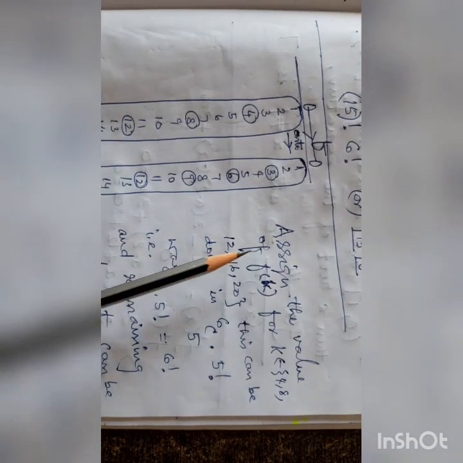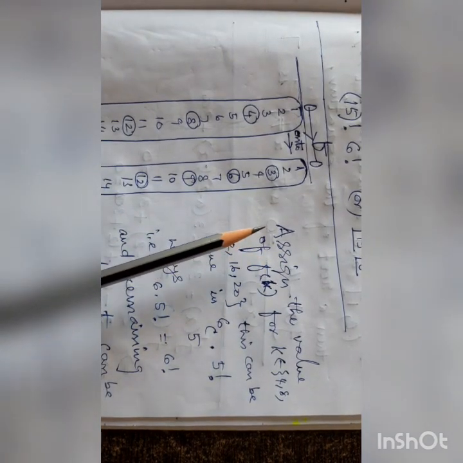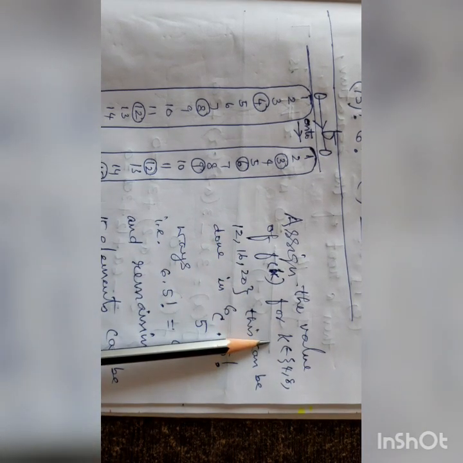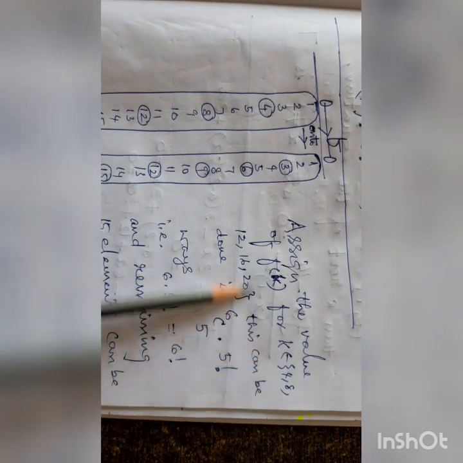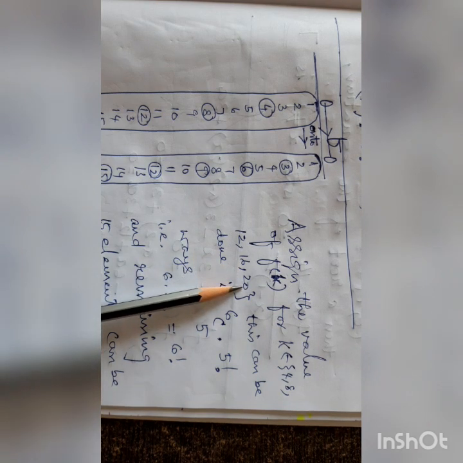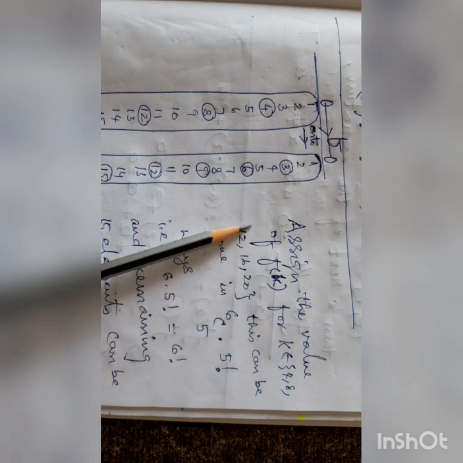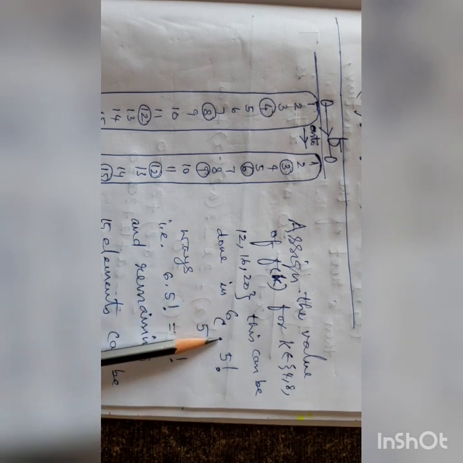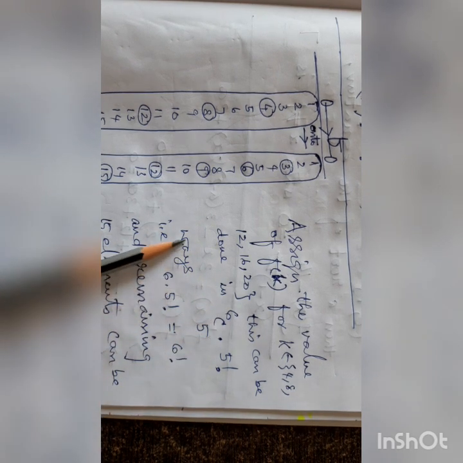For that, first assign the value of f of k for k belonging to the set {4, 8, 12, 16, 20}, which has 5 elements. Assigning the value of f of k can be done in 6C5 into 5 factorial ways.